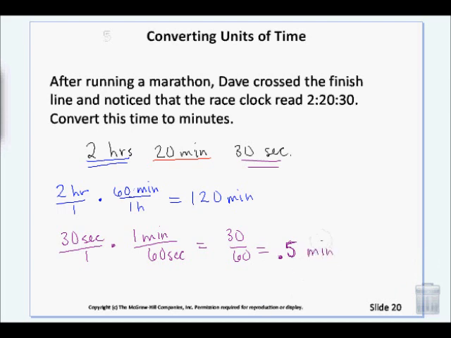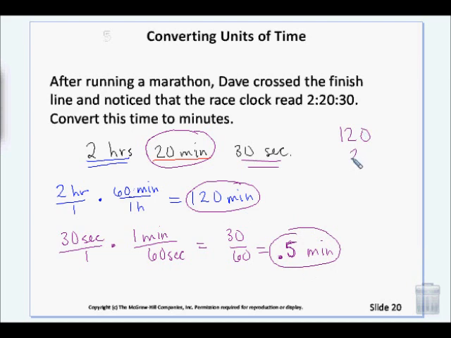So half a minute. So I'm going to add up all of my minutes. I have 120 plus 20 plus 0.5. So I have 140.5 minutes.